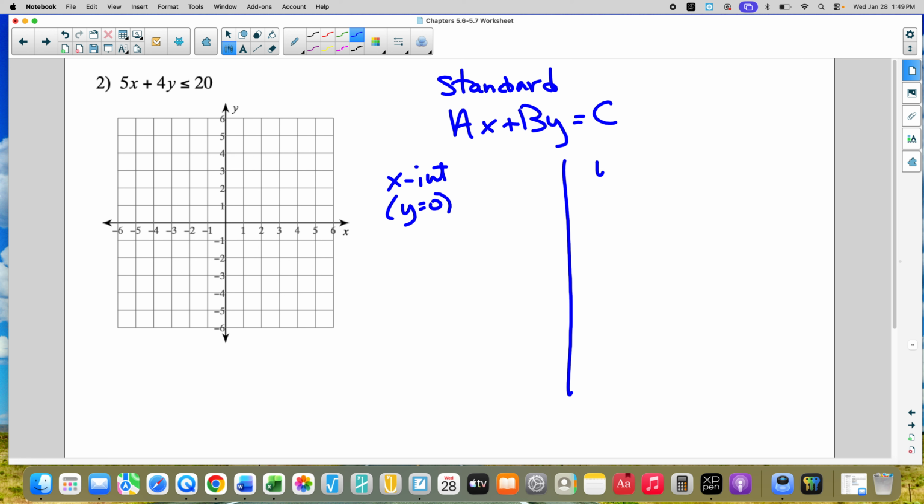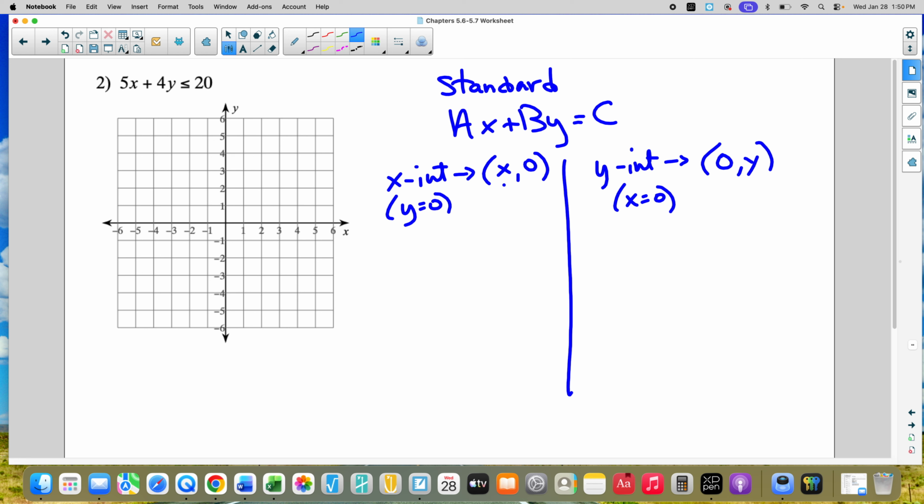My x-intercept is going to have some x value, and my y value is going to be 0. And that goes the reverse for the y-intercept. When I look for the y-intercept, I know my x value is going to be 0, and I'm going to get some y value. So x always equals 0 when you're looking for the y-intercept.